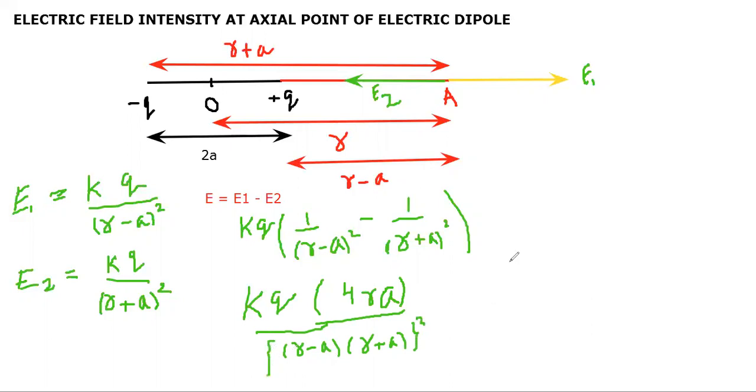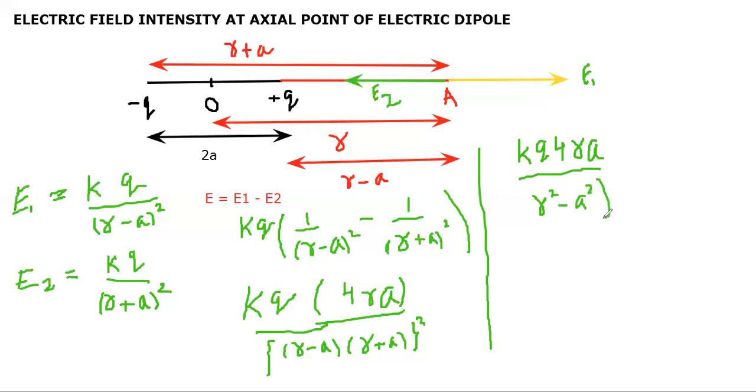Now a minus b and a plus b is a square minus b square. So you can write kq 4ra as the numerator, and it becomes r square minus a square whole square.